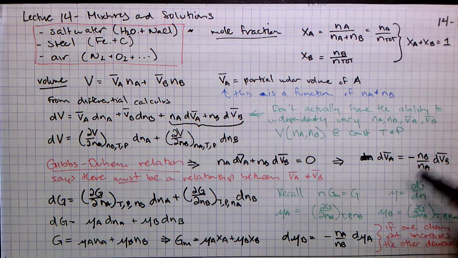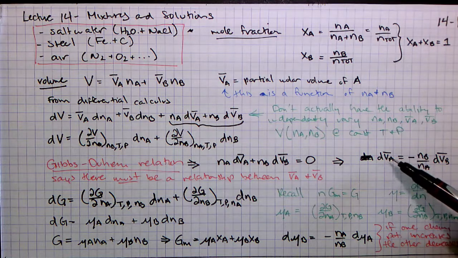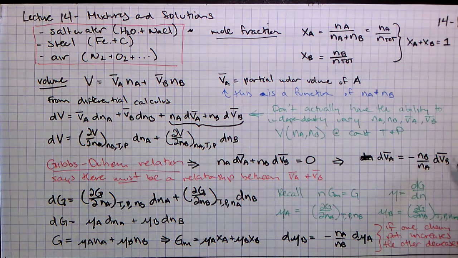Just as we saw here, if one partial molar volume increases, the other has to decrease. And the relationship between them is set by this Gibbs-Duhem relation, right?